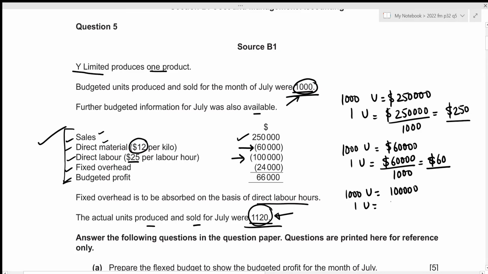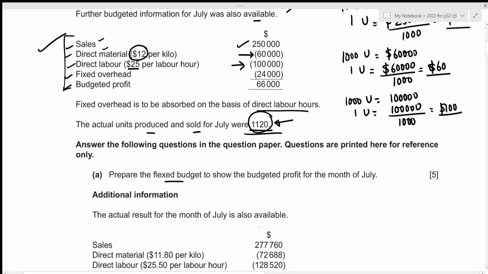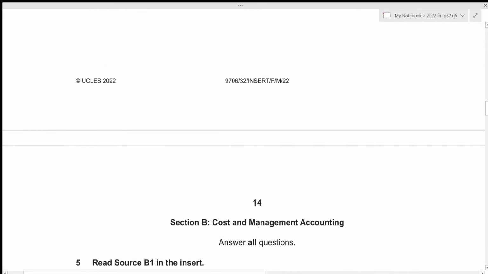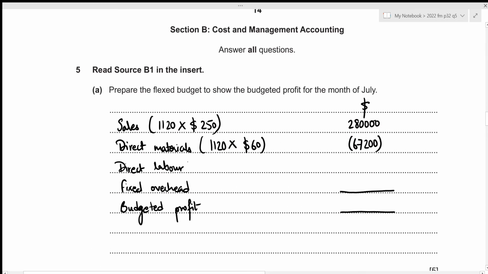For 1 unit, that's just going to be 100,000 divided by 1,000, which results in 100. Now, in order to figure out the total direct labor cost for 1,120 units, we again multiply these two together. Let's write it down. So that's the number of units times our direct labor cost per unit, which results in the total direct labor cost to be 112,000.